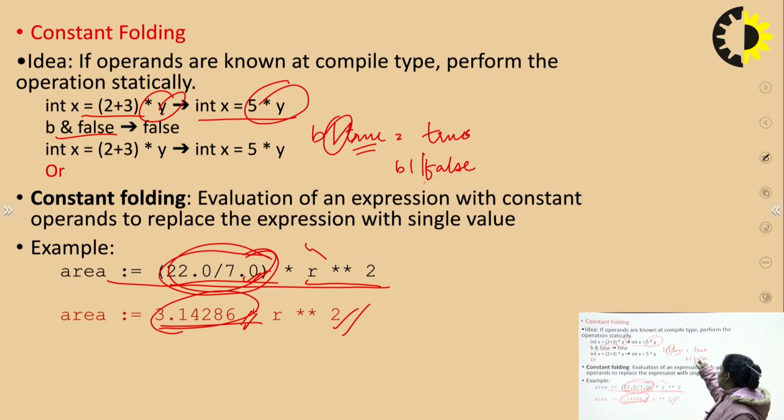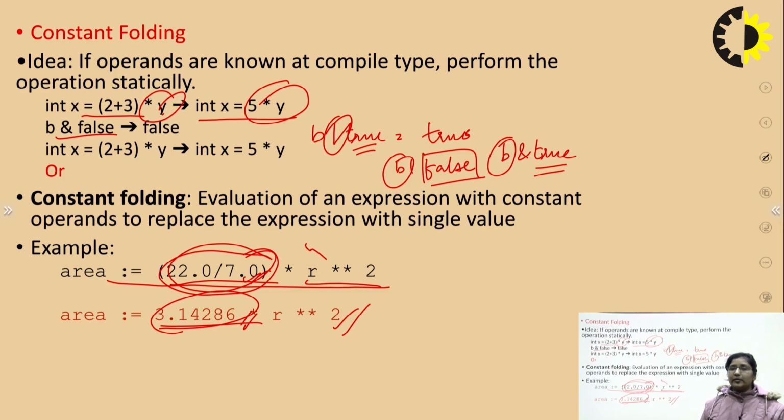But here one value is fixed, which is false, so the value of the OR depends upon B. Similarly, for B and true, the result is false only when either value is false, but here one value is true, which is fixed, so the value depends on B. Only in the cases where propagation or folding is possible, that is, where optimization is possible, should we use these code optimization techniques.